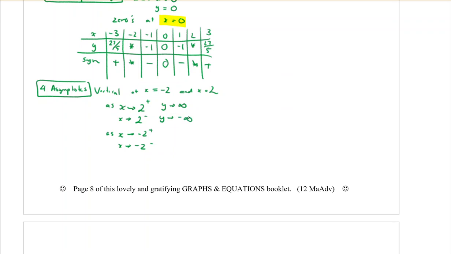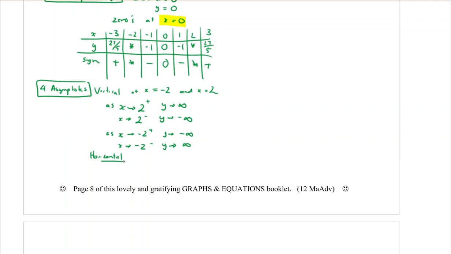Do the same thing for the -2. If I go to the positive side of it, it's negative, so that will be negative infinity. If I go to the left of it, the negative side, it's positive, so positive infinity. Hopefully you stayed with me. All right, that's my vertical asymptotes.